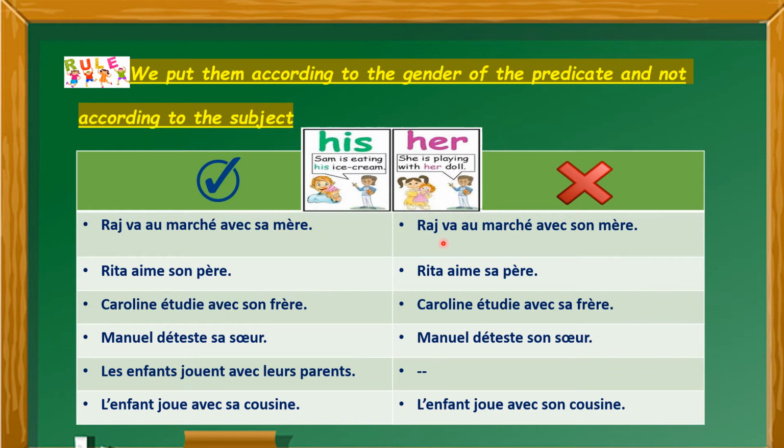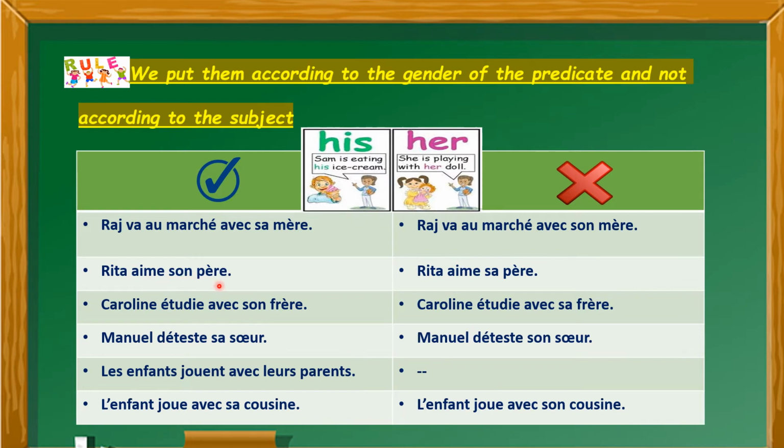The wrong sentence in French is Raj va au marché avec son mère. According to the English sentence it's correct, but in French grammar it's wrong. Second sentence, Rita aime son père. Rita loves her father.